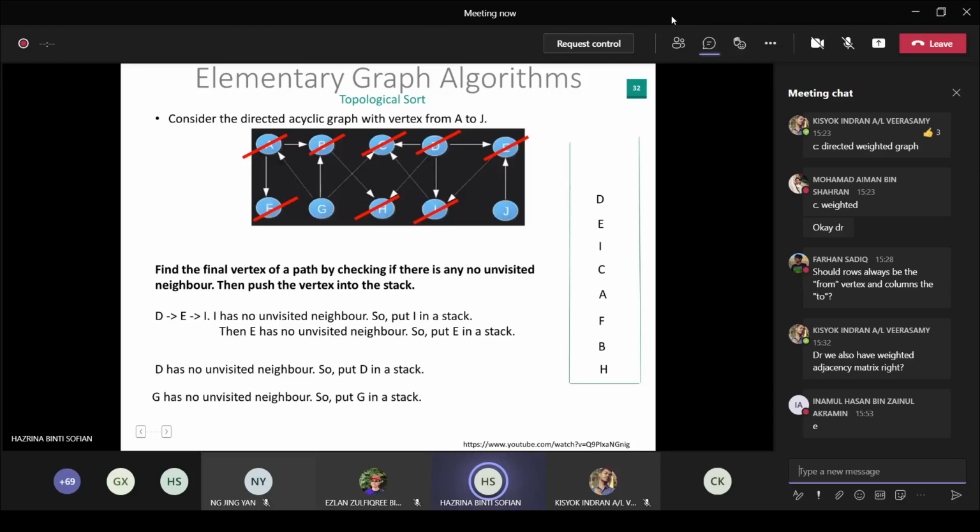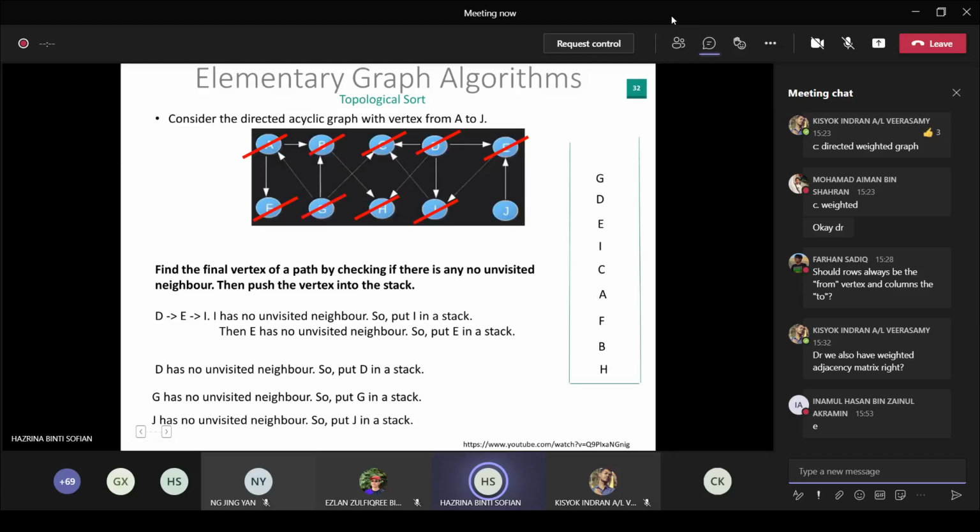Next is between G and J. G comes first alphabetically. G has no unvisited neighbor since A and C are already visited, so we put G in the stack.